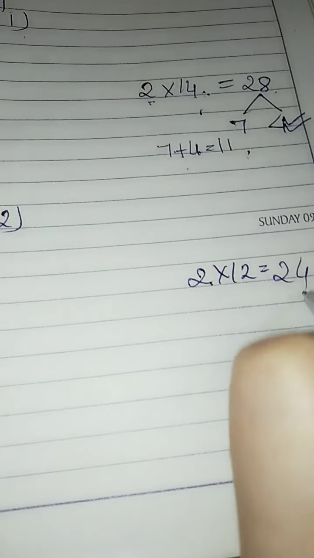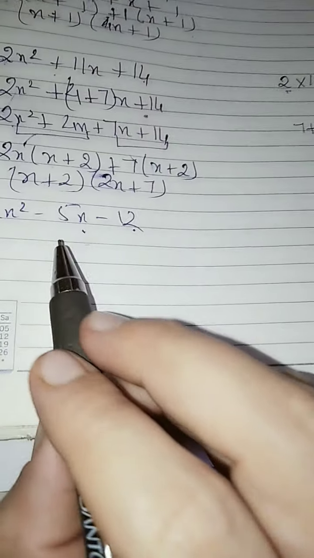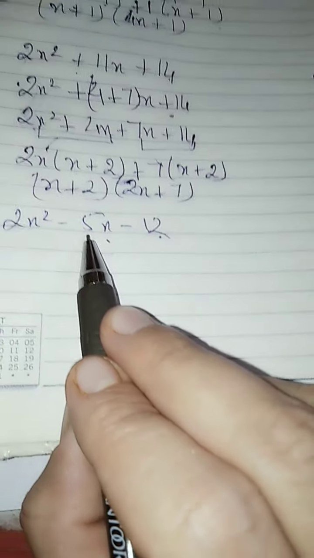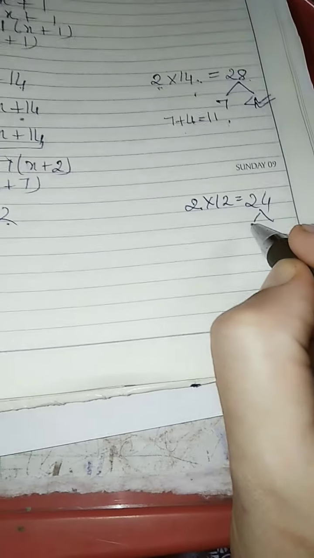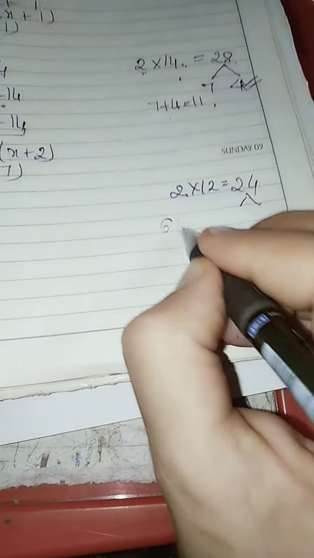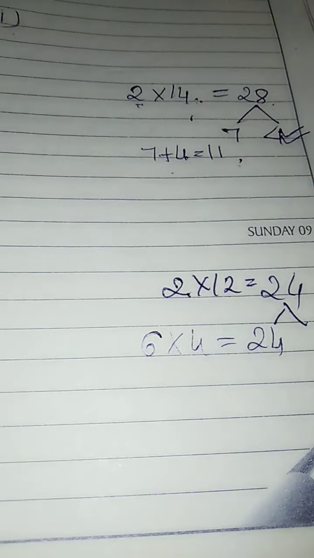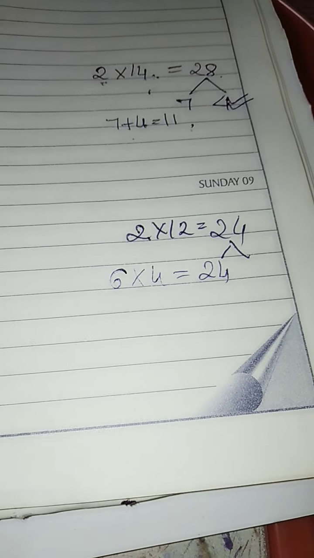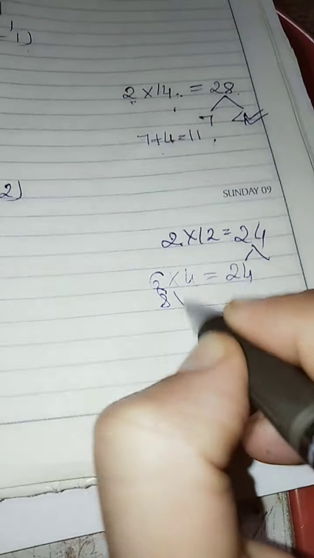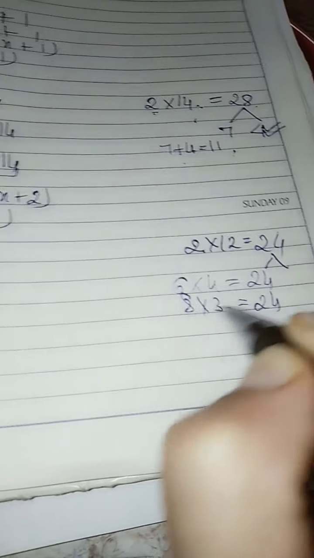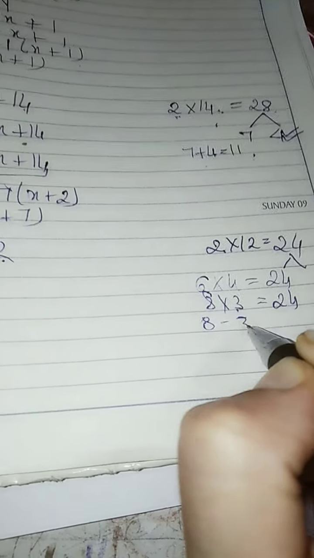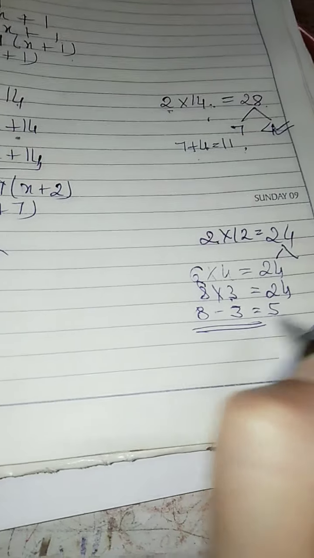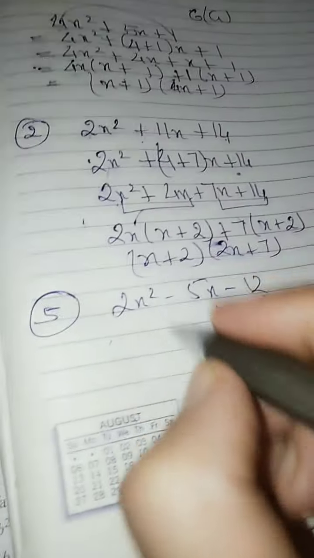Let us see other factors. 12 twos are 24. We have to see the factors of 24 which differ by 5. 6 fours are 24, but this is not suitable because 6 minus 4 is 2. We have 8 threes are 24. 8 minus 3 is 5. So we have got the correct factorization.